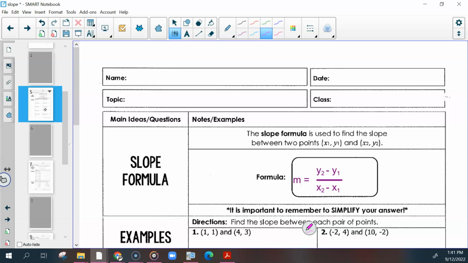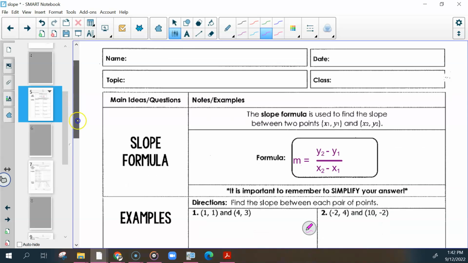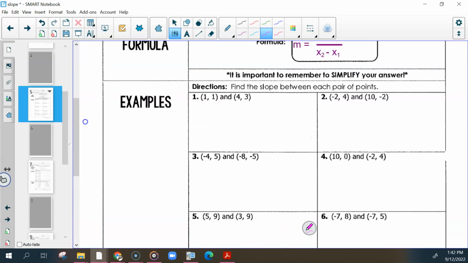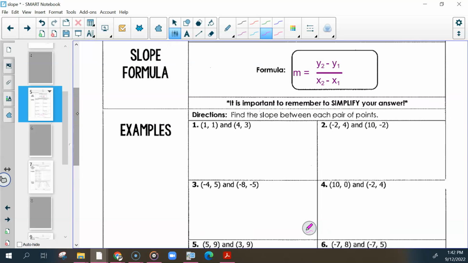On this page, cross out numbers 7 through 10, because that's not for you. You will need to know this formula, m equals y2 minus y1 over x2 minus x1.